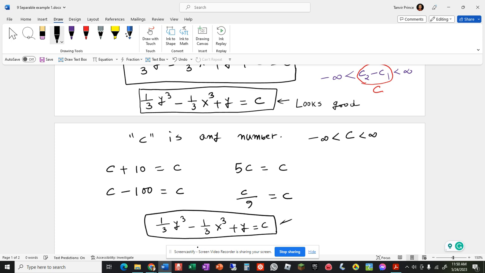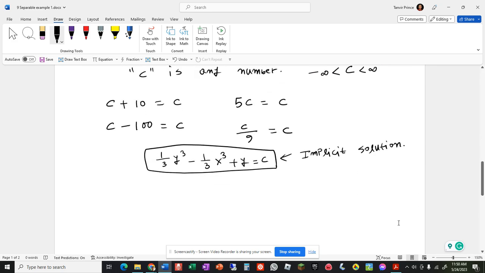So this is an example of an implicit solution. Implicit means y is not given in terms of x, or y is not solved in terms of x, right? So here y is given implicitly.